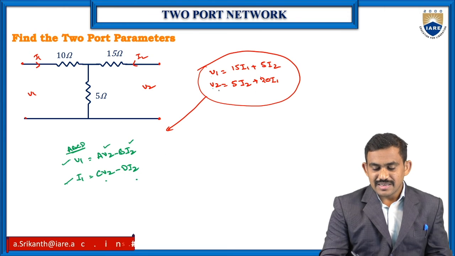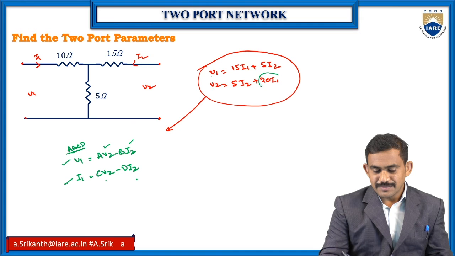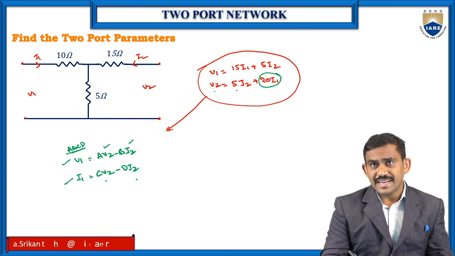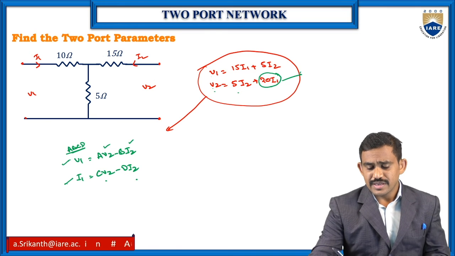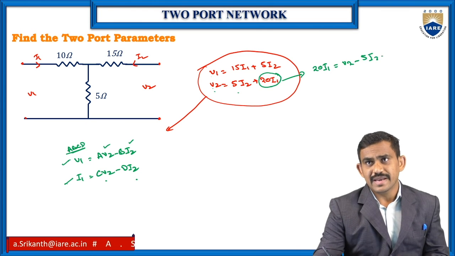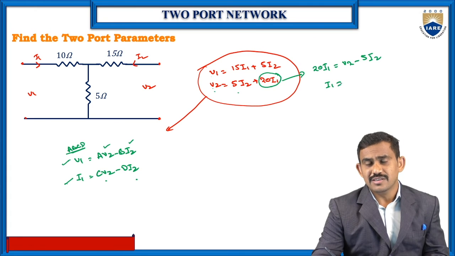If you convert I1 in the form of V2 and I2, it's very simple. Here we have 20 I1 equal to V2 minus 5 I2, am I right? So I1 is equal to 1 by 20 V2 minus 5 by 20 I2.